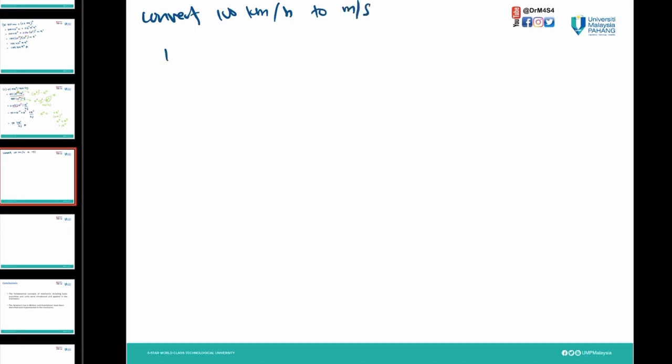So we have 100 km per hour. Because the unit for time is seconds, we have to convert hour to second. So 100 kilo is 10 to the power of 3 meter for length. 1 hour equals 60 minutes times 60 seconds.